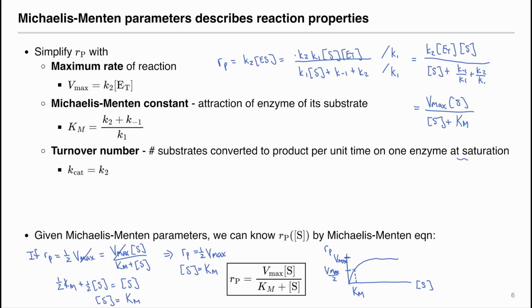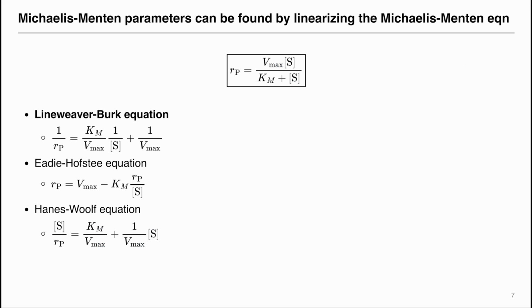The Michaelis-Menten equation describes well the rate of production with respect to the substrate concentration. However, how do we know the Michaelis-Menten constant and the maximum rate in the first place? We determine them using the linearized form of the Michaelis-Menten equation and use experimental data to fit to it.